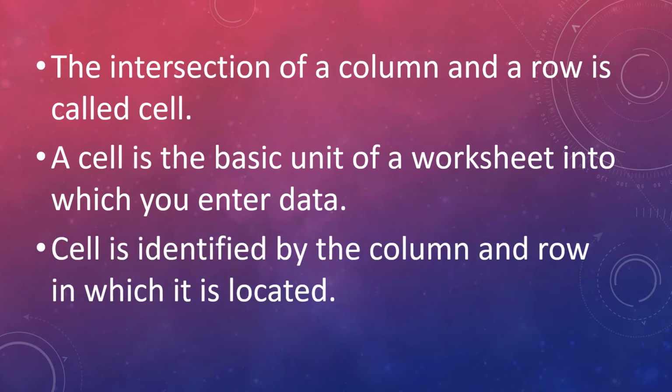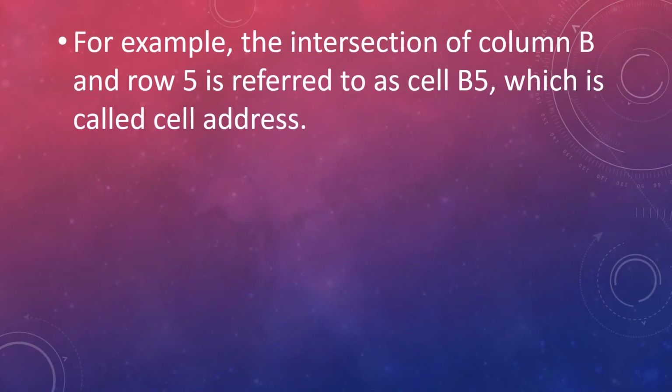Cell is identified by the column and the row in which it is located. For example, the intersection of column B and row 5 is referred to as B5, which is called cell address. Later on, I'm going to explain you how you can address the cell.